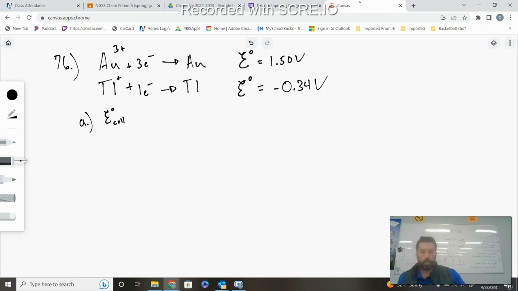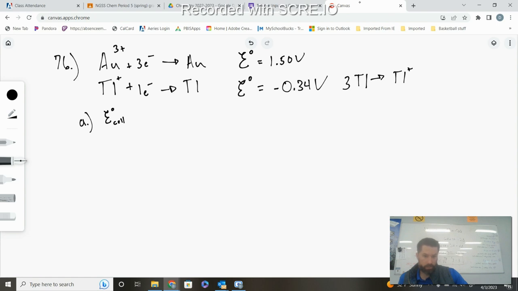Well, that one's pretty straightforward. All I got to do is flip around this thing because I want this one to lose electrons and this one to gain. So when I flip it and write Tl going to Tl plus, I'm going to multiply it by 3 as well.